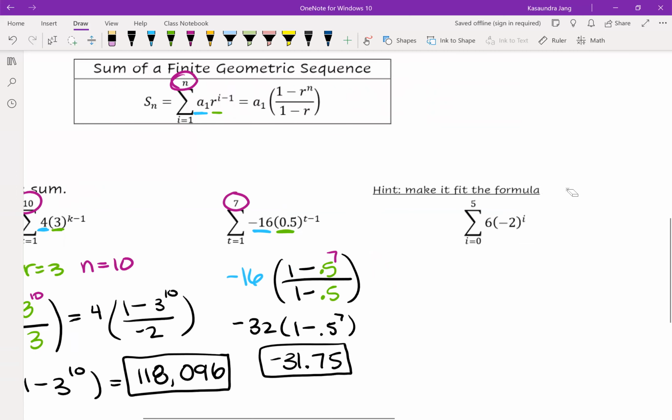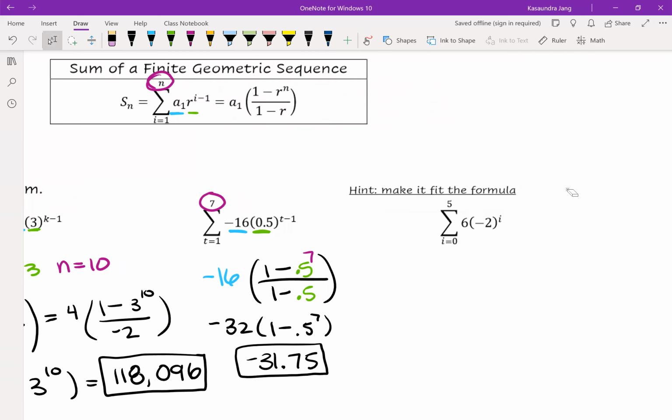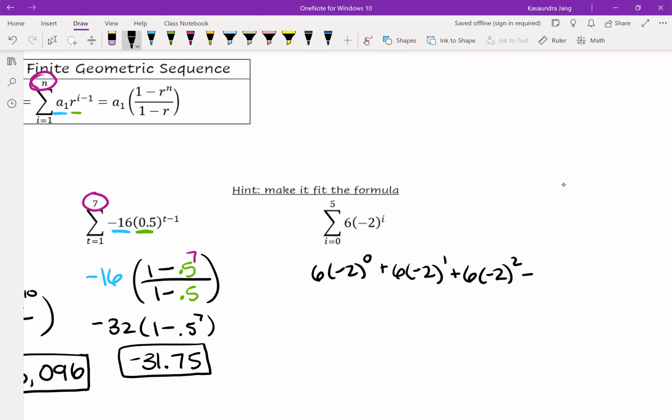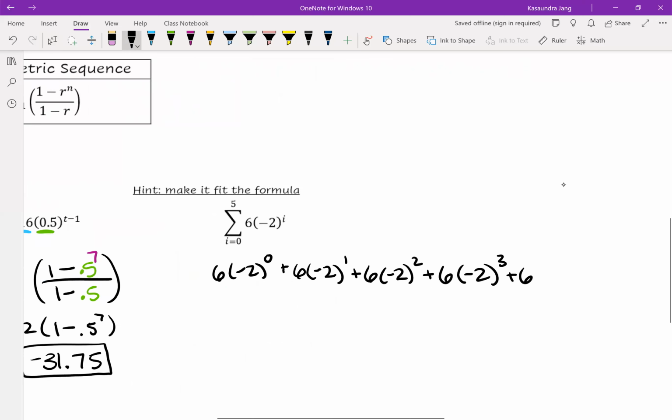If I make my list, like if I plug in 0, 6 times negative 2 to the 0, plus 6 times negative 2 to the first, 6 times negative 2 to the second, all the way up to where I end at the 5. So it would look something like this. So I think our formula didn't have an I exponent, it had I minus 1 in the formula.